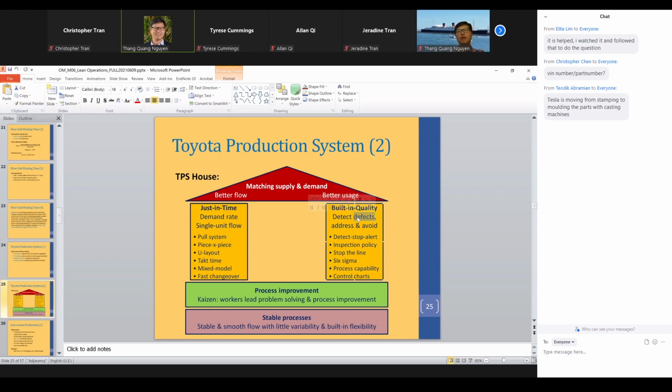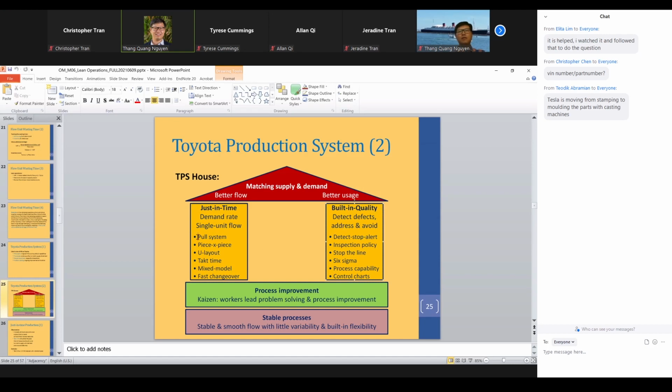But of course, in reality, we cannot get rid of the defects altogether. So the idea here is we try to reduce the defects by addressing the defects now and avoid the defects in the future, so that we don't have to have those defects anymore, right? So just in time and built-in quality are the two pillars of the house.